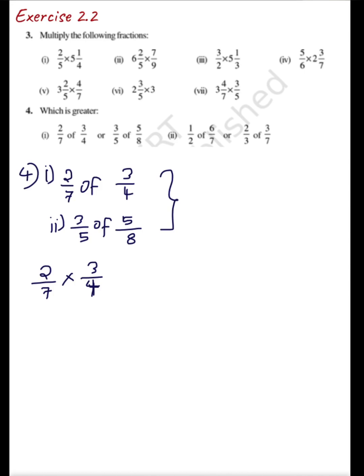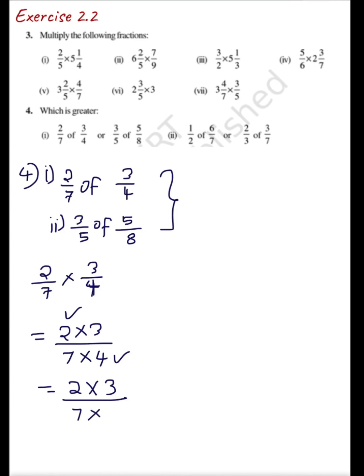What you have to do here is just multiply the numerators together, that is 2 into 3, divided by the denominators together, that is 7 into 4. Now you can see that 2 and 4 have got 2 as a common factor, so 7 into 4 can be written as 7 into 2 into 2.